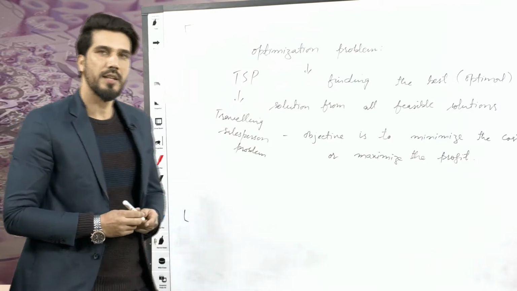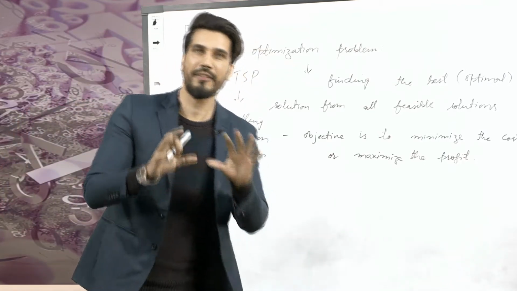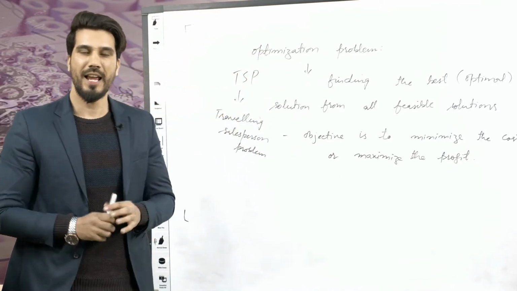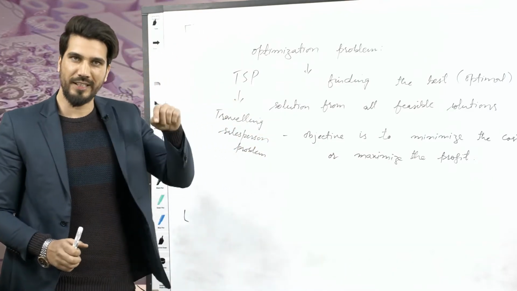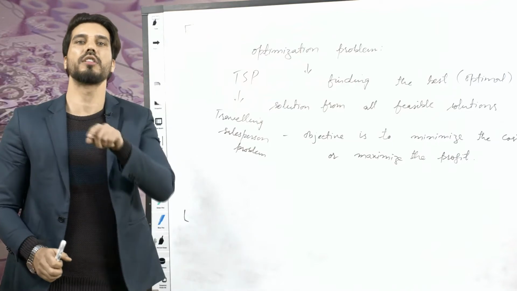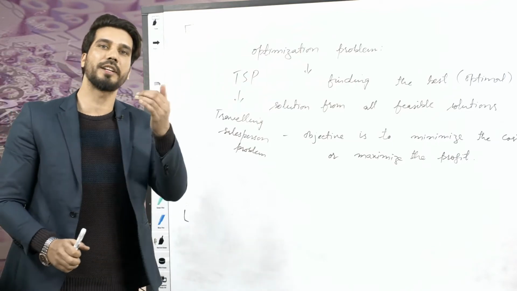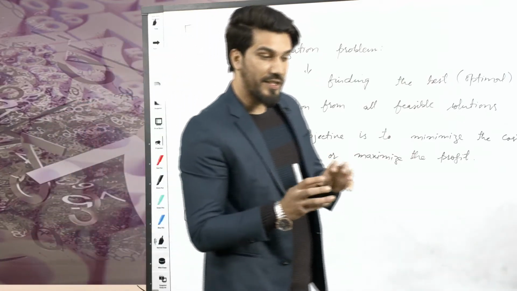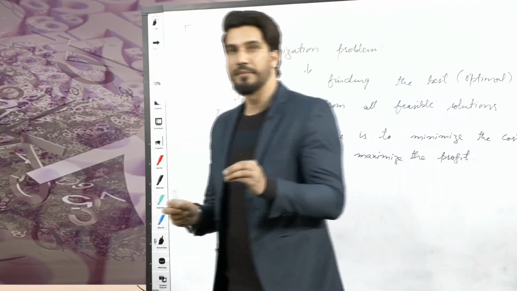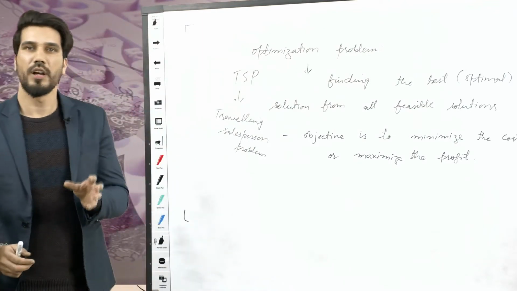What this problem asks us is that we have a group of cities and a traveling salesperson starts from a particular city and he has to travel all the cities and come back to the city he started from, while considering that it takes him the least amount of cost.